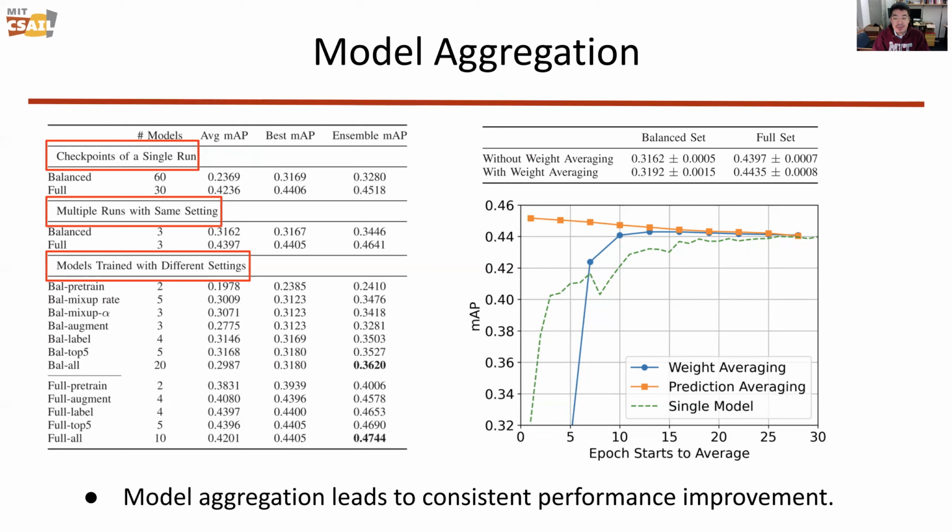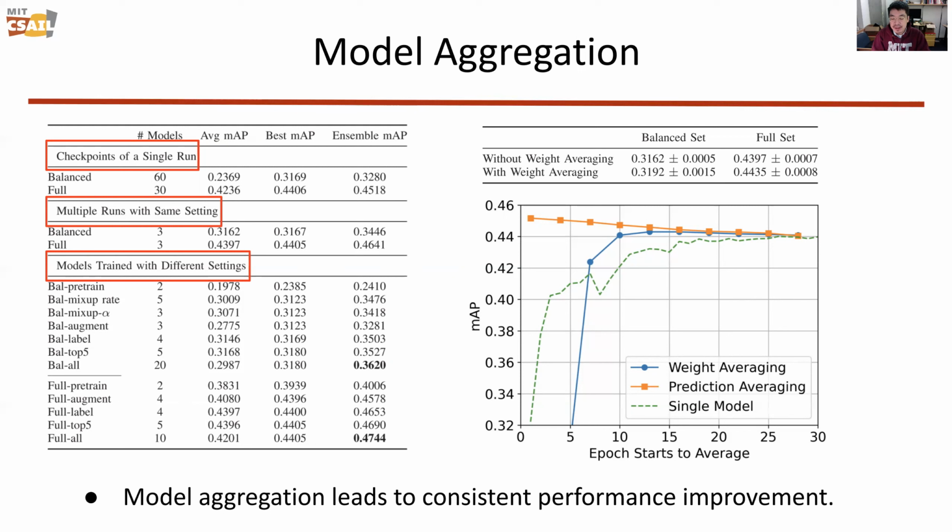On the right hand, I'm showing the performance improvement led by weight averaging. As we can see, the performance improvement is minor, but it's consistent. In that figure, I show the models we aggregate.